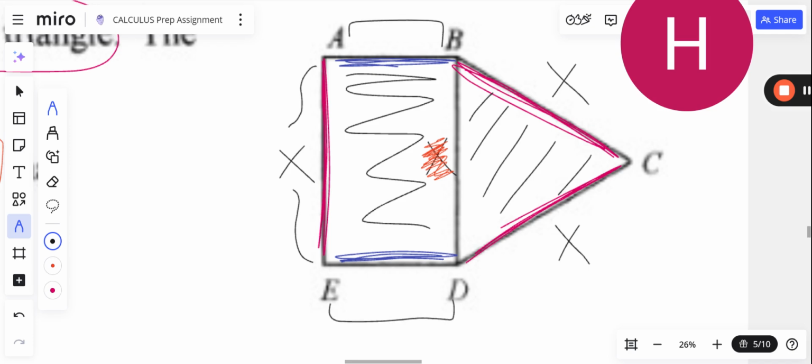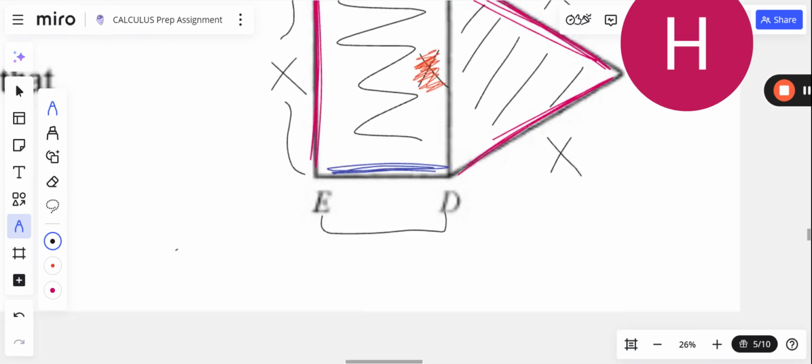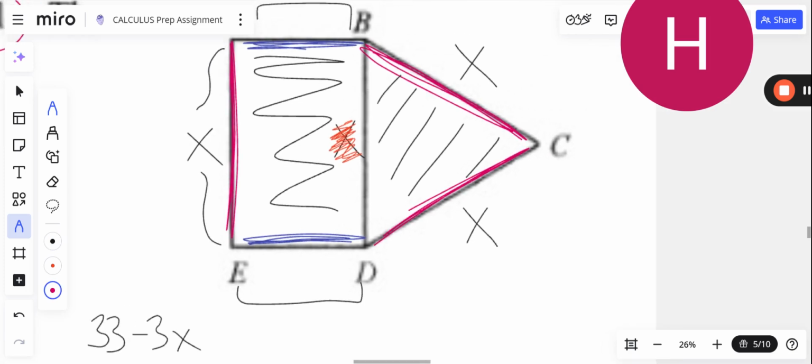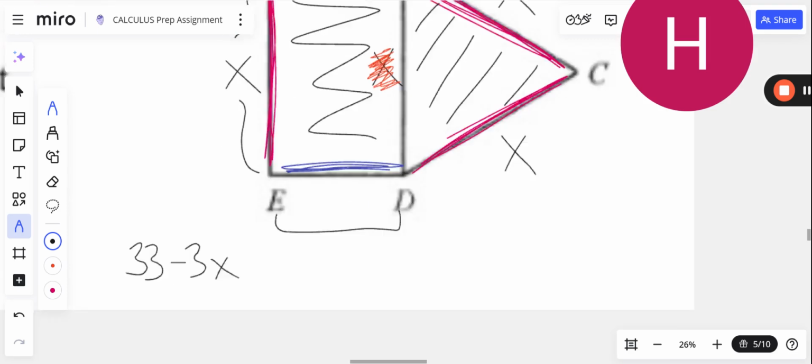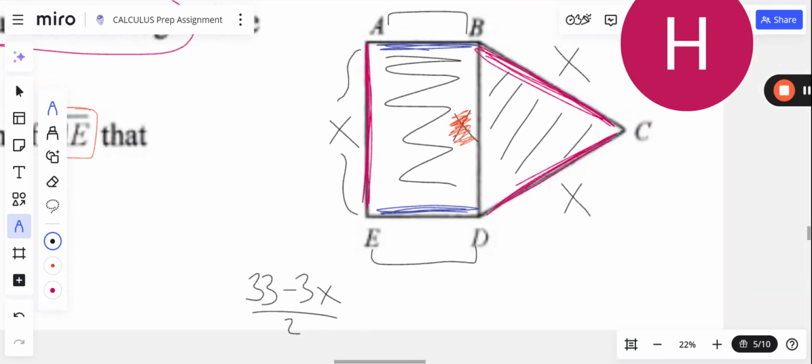How much are these? Well, those two are equivalent. If the entirety is going to be 33, then we could take 33 and subtract the 3x from these sides. And then we can divide by 2 because there are two sides, which are in blue.